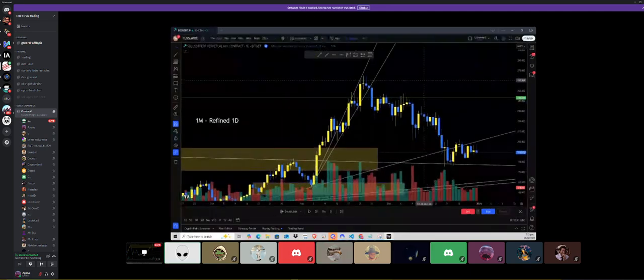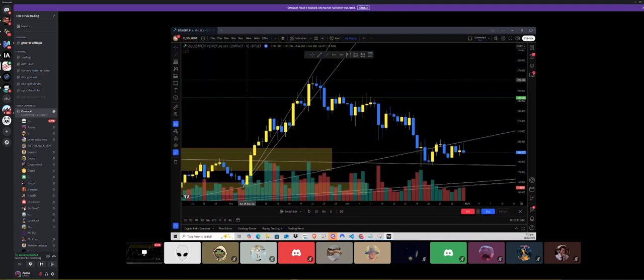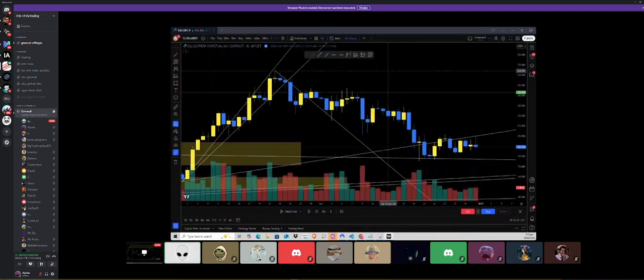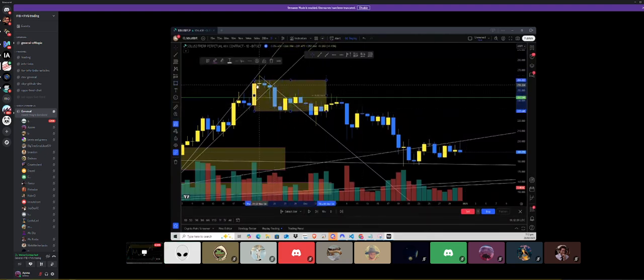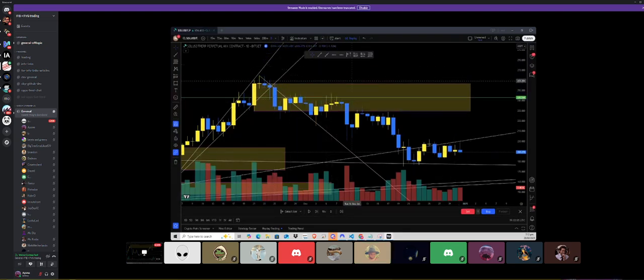So once you've got two accumulation candles, those two, and that's your new resistance. So you've got two accumulation candles, you get a break of that trend, but it's inside this resistance.